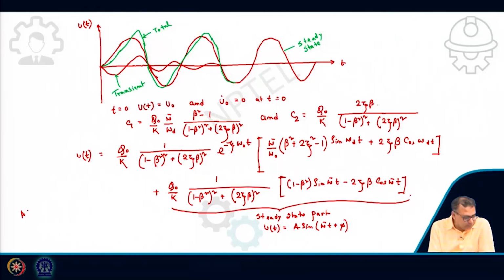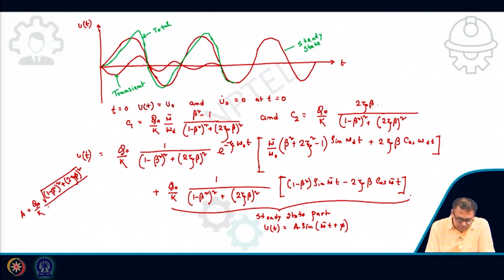We know that this is Q0 by K, and there is root over a square plus b square, and this into this part. So this will be root over a square, that is 1 minus beta square whole square, plus b square, that is 2 damping ratio beta whole square.